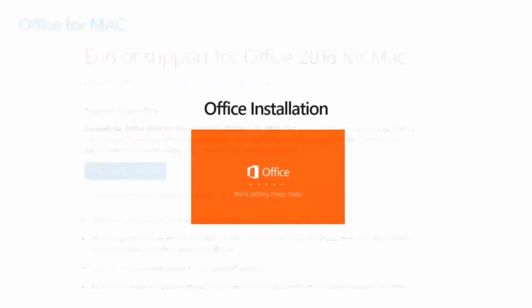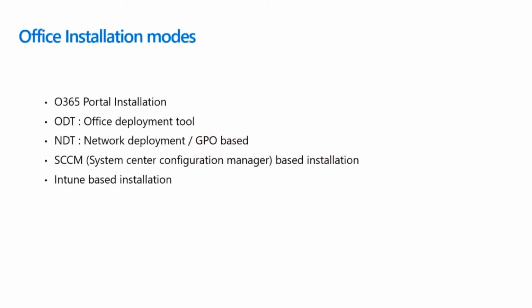Good. So next we'll move on to Office installation. These are the common installation methods used for Office. We can make users install Office on their client devices directly from the portal.